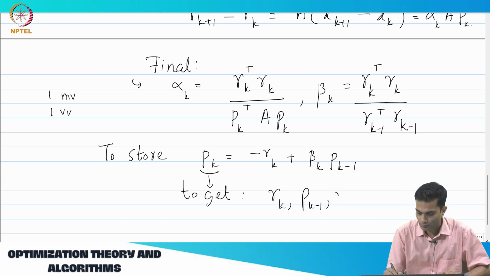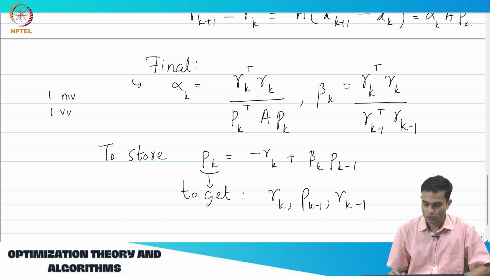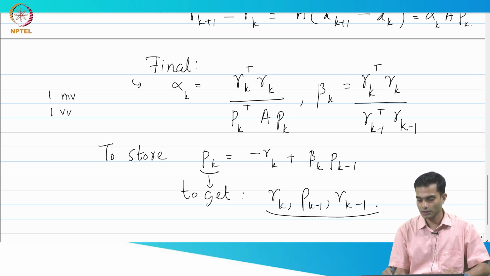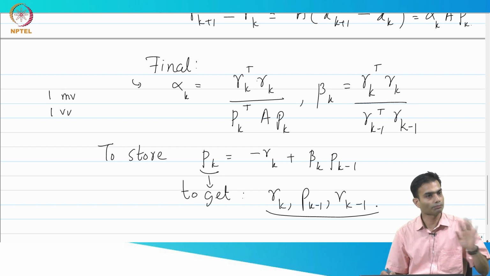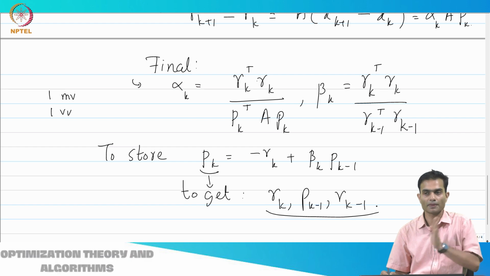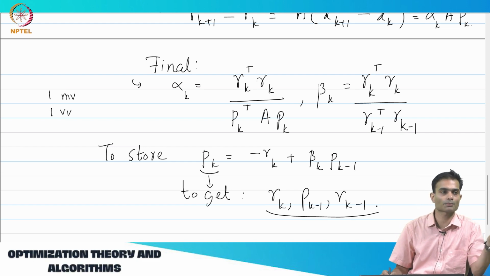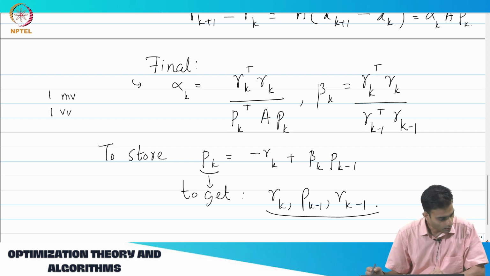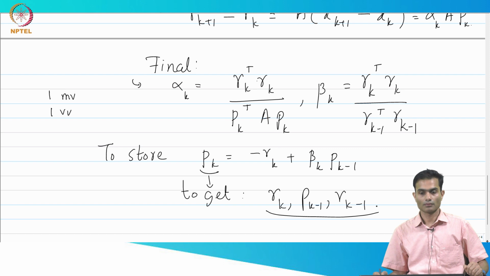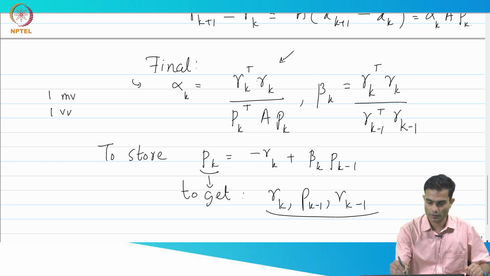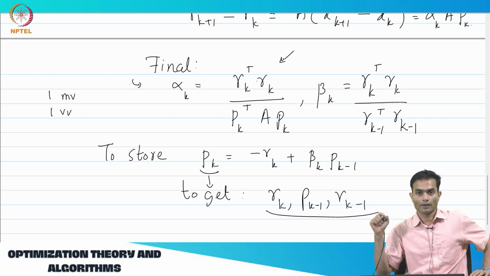Rk minus 1, right? So if you give me rk, pk minus 1 and rk minus 1, I get my pk completely. So I know pk. What is left for me to go to xk plus 1? I need a step length alpha, right? And the expression for alpha, do I already have it? Look at the expression for alpha. Once I get pk, do I have alpha k? I have it already, right?